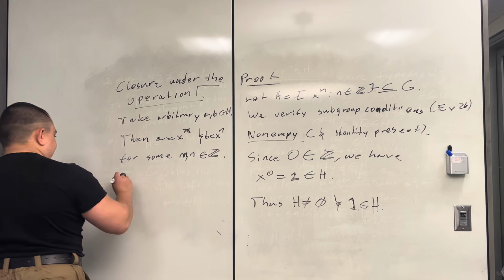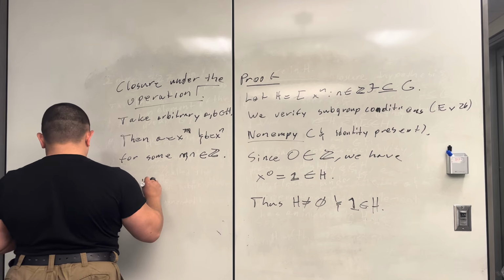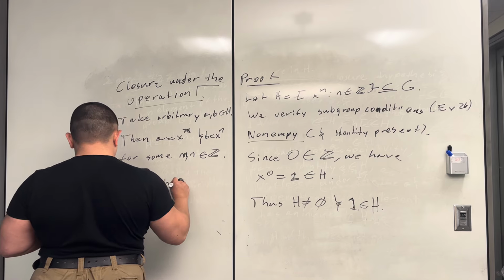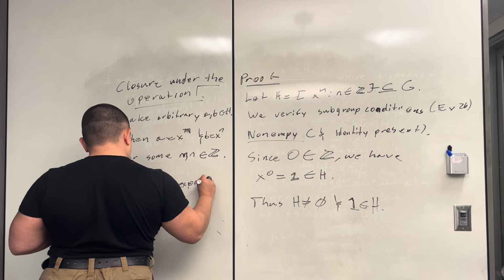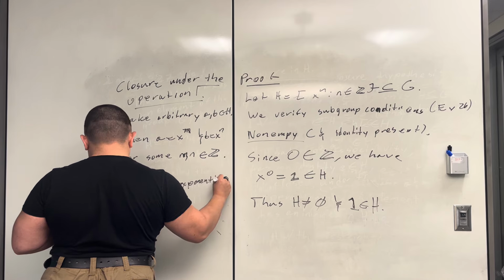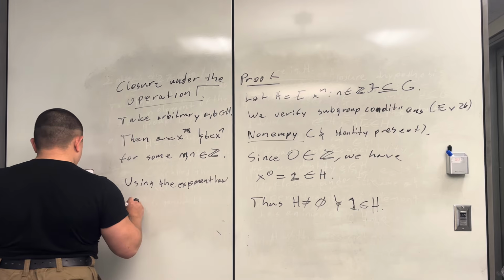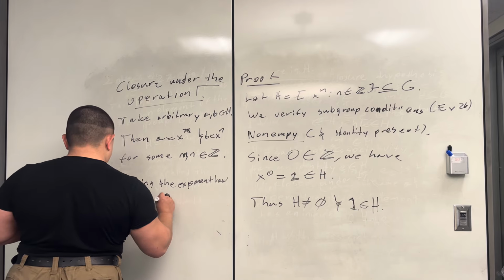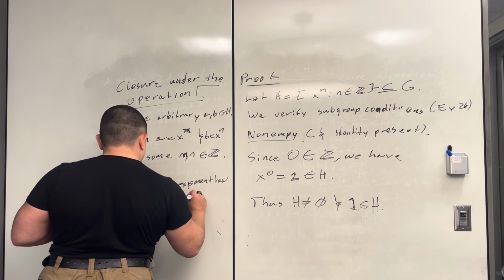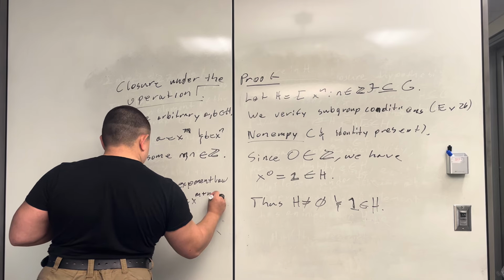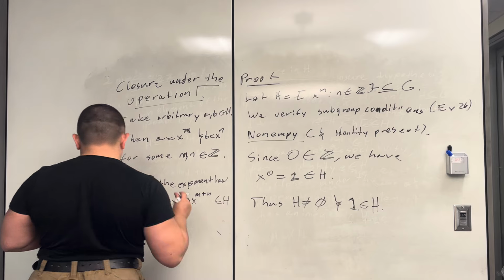So using the exponent law we had earlier, ab is equal to x to the m times x to the n, which is equal to x to the m plus n. It's contained within H.